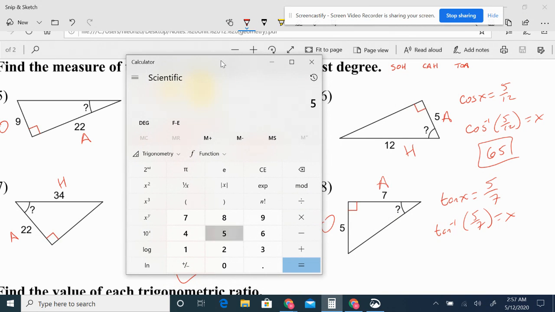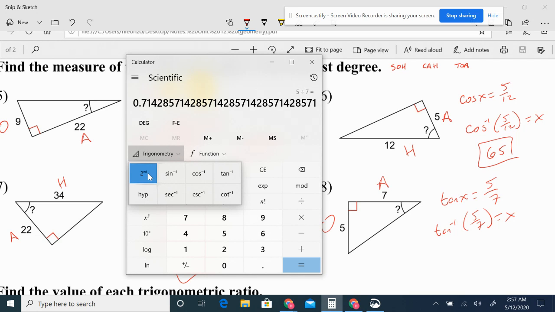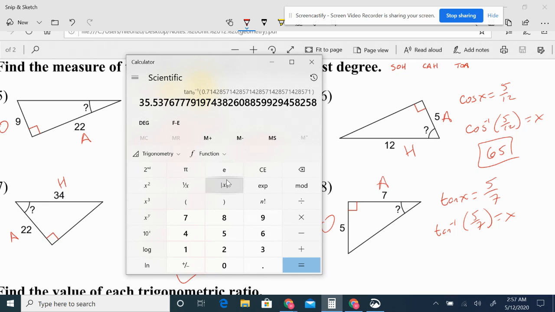Now let me do 5 divided by 7. I get a decimal for that. And I'm going to go to my trig, second function, tangent inverse, 35.5. I have to round it to the nearest whole number. So I'm going to call that 36.